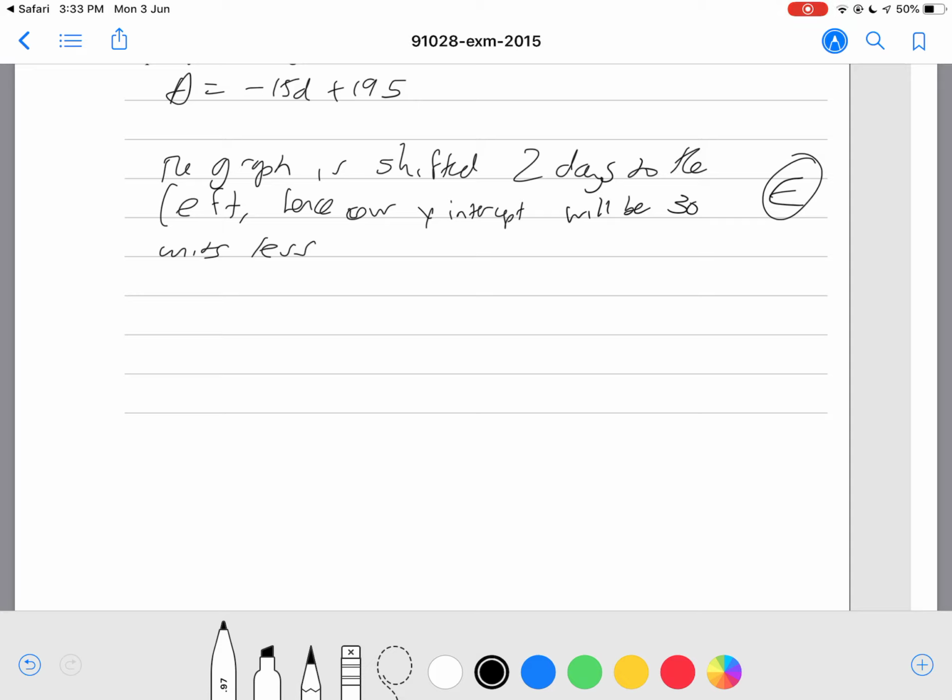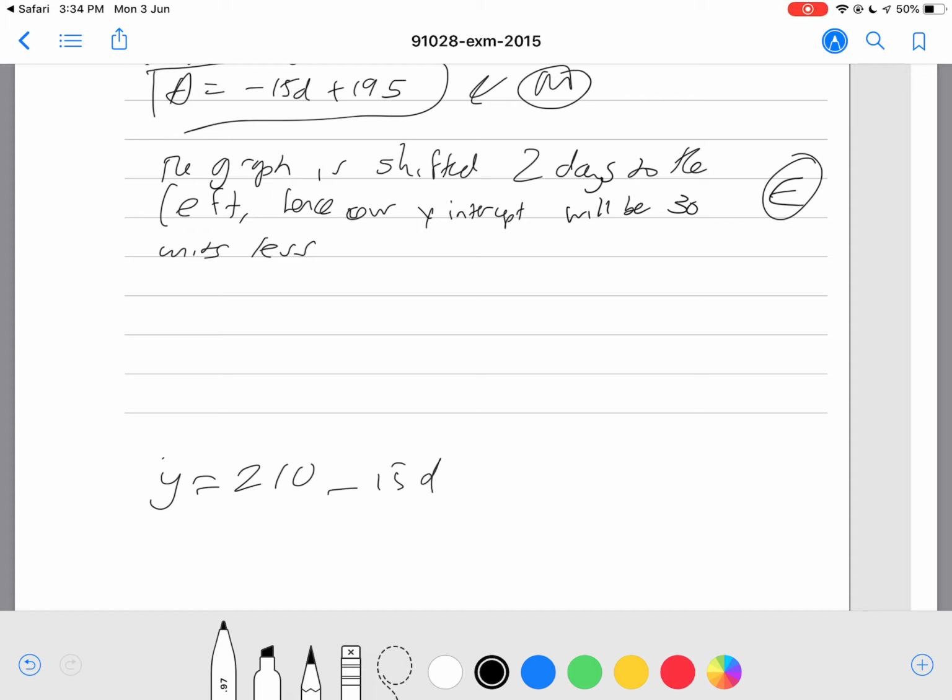In terms of getting a merit, it's the correct equation only, so just the equation will get you a merit grade. To get an achieved, you've written y equals 210 minus 15d.